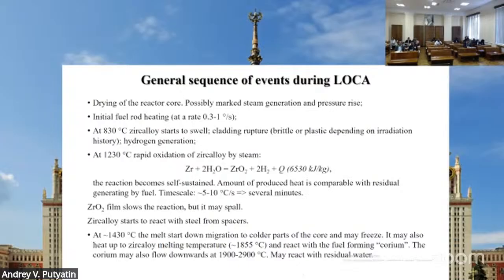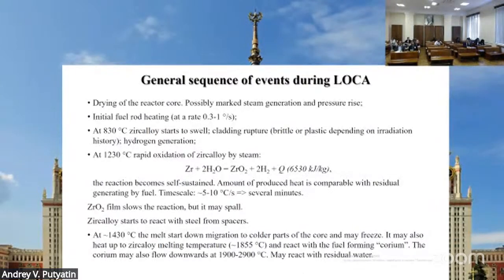And this is very bad, of course, from an engineering point of view. So when people design the confinement, it should withstand a considerable overpressure from the inside. Initially, the fuel rods start to heat at approximately 1 degree per second, so it is relatively slow. At something like 800 degrees, zircaloy starts to swell.